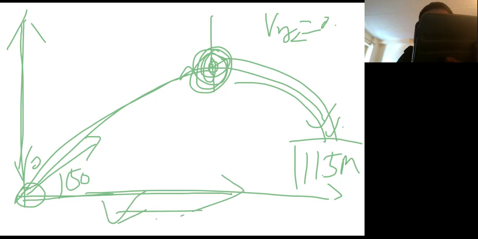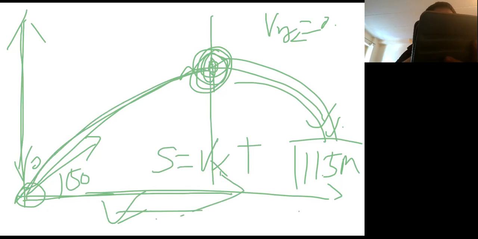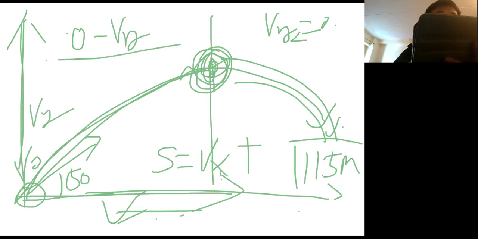So in the horizontal direction, you easily get x = Vx t. In the vertical direction, the time equals the change of velocity, which is 0 minus Vy, divided by the acceleration, which is minus g because it's in the opposite direction of the velocity.